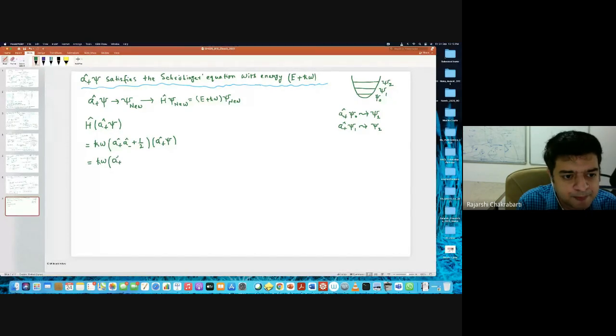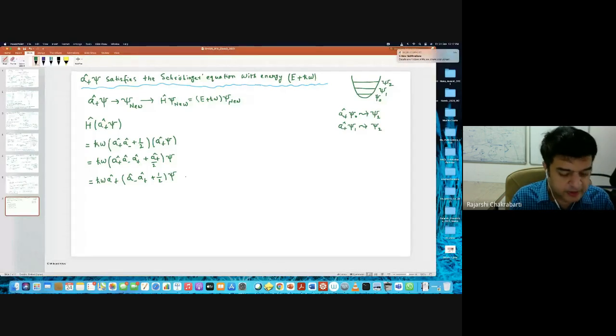Then I take A plus common from the right hand side. Inside, what is there? A minus A plus plus half, operating on psi. Is this fine?